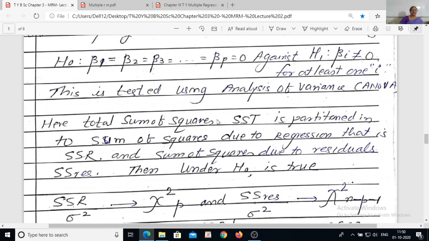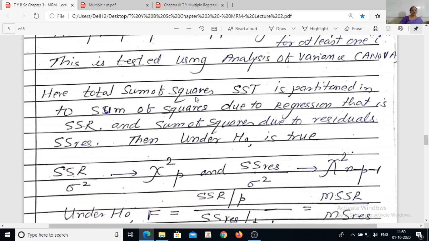Okay. So this can be tested using the F test, and in order to have the F test we are using the analysis of variance technique. So here the total sum of squares SST is partitioned into two things, the first one is the sum of squares due to regression, that is SSR, and the sum of squares due to residual, that is SSRES.